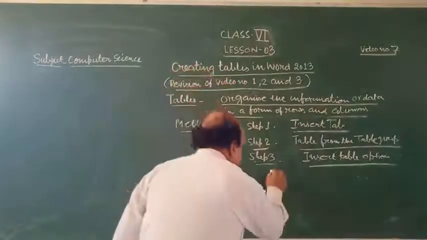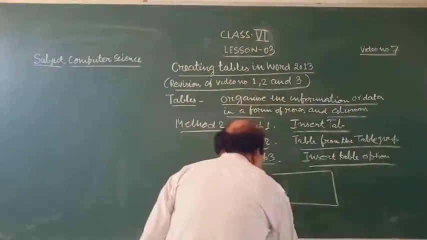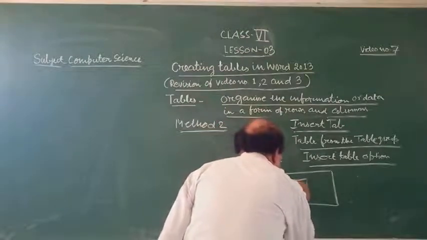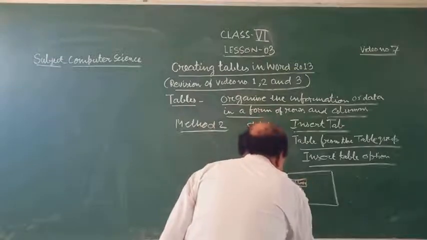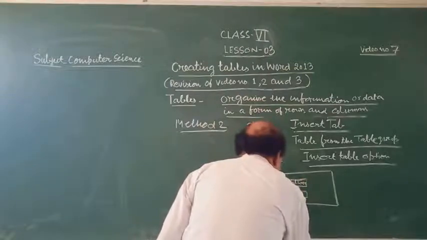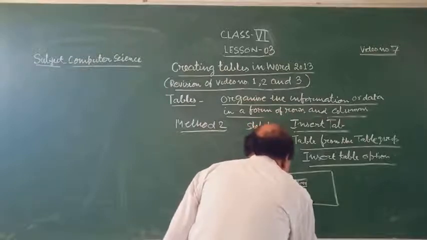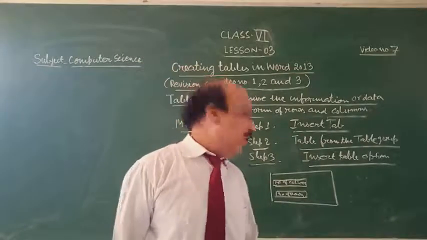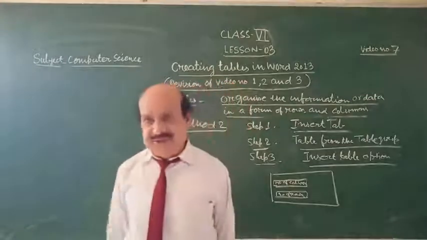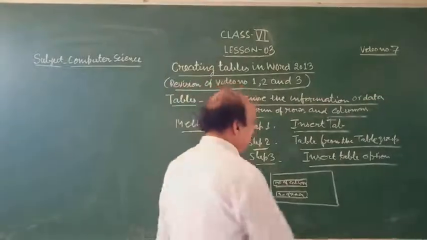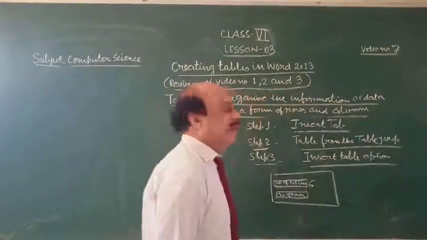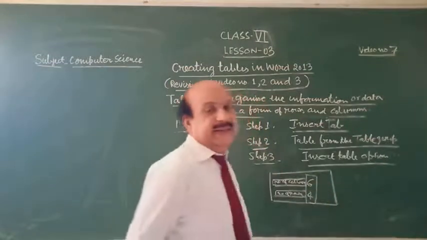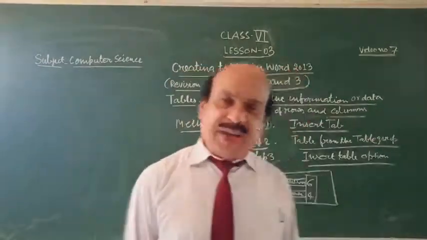You will find a box will display here like this one. It will ask the number of columns and the number of rows. So according to your need, how many columns and how many rows you have to create, you will put the value here. Just imagine that you have kept 6 columns and 4 rows. Then click on the OK button at the bottom.